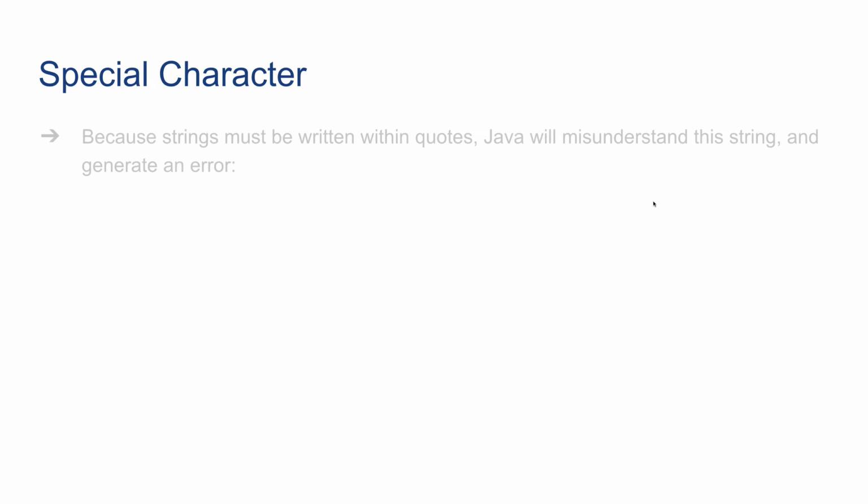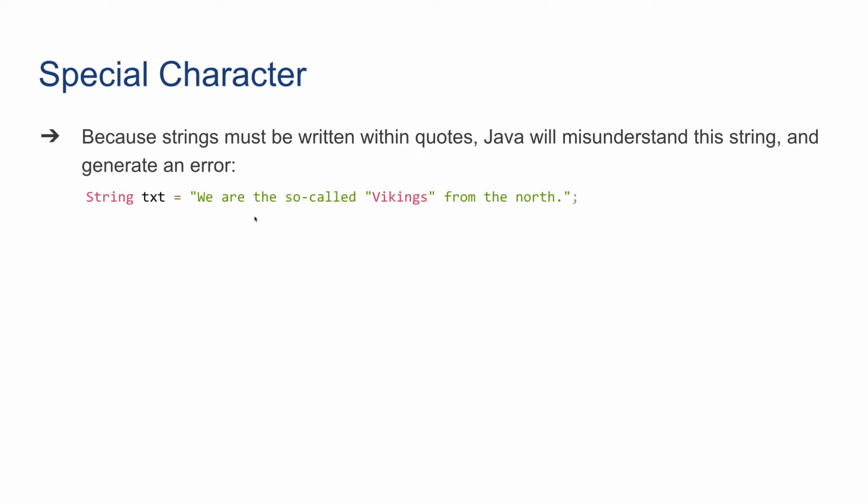So, special characters. Because strings must be written within quotes, Java will misunderstand this string and generate an error. So we try to create this: "We are the so-called "Vikings" from the north." Our intention is to put Vikings in quotation marks, but Java will misunderstand it.